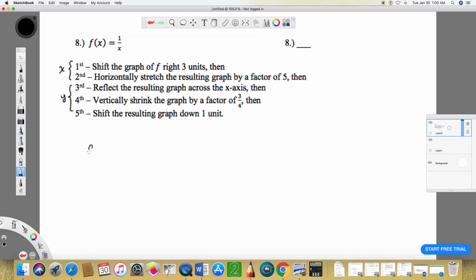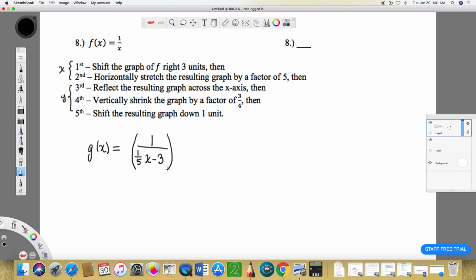So this new function, we take this reciprocal function, and to shift it to the right is x minus 3, and we take the reciprocal of 5, which is 1/5, and that's a horizontal stretch by a factor of 5.